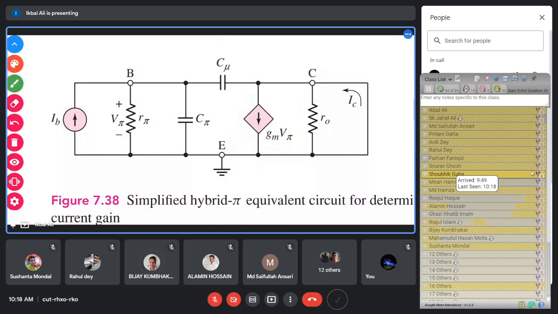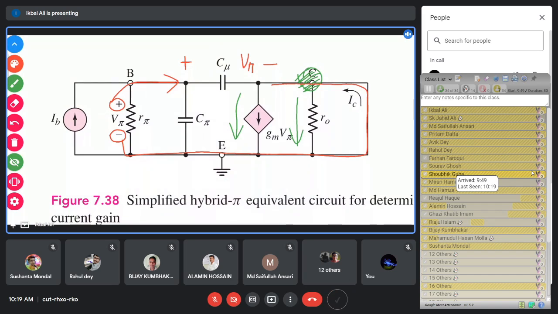V pi. We have obtained that it is V pi. So the voltage across capacitor C mu is plus minus V pi. Is it not? The polarity of the voltage is like this, because this plus is coming here and this minus is coming through the ground path, through the short path, to the other end of the capacitor.